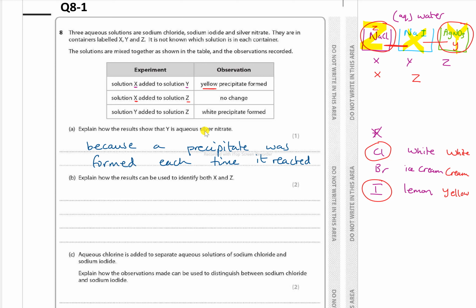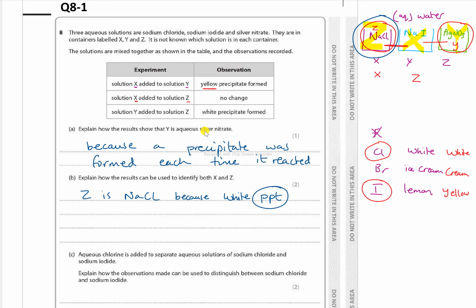So we've said that Z is sodium chloride. We said up here, Z is sodium chloride because you got a white precipitate.